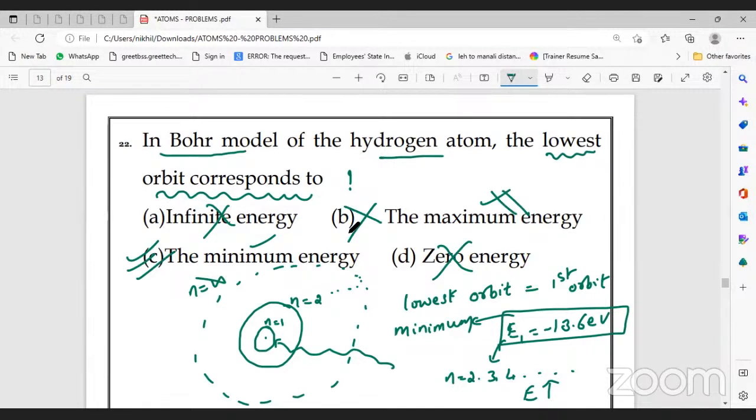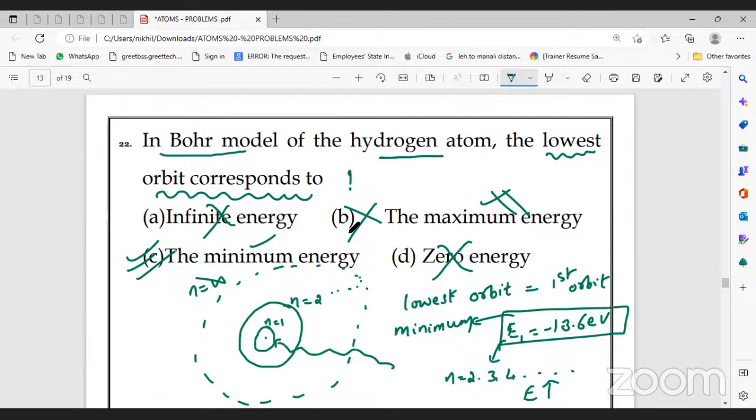It is not the maximum energy. Actually, to remove the electron from the first orbit, you have to supply a maximum energy. The supplied energy is maximum, but the orbit corresponding to the lower orbit is having minimum energy.